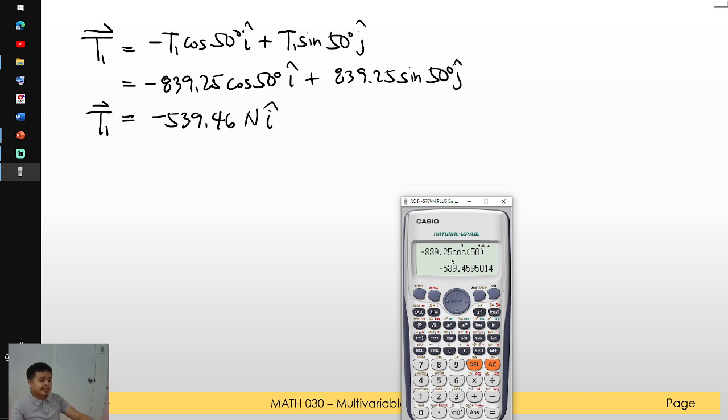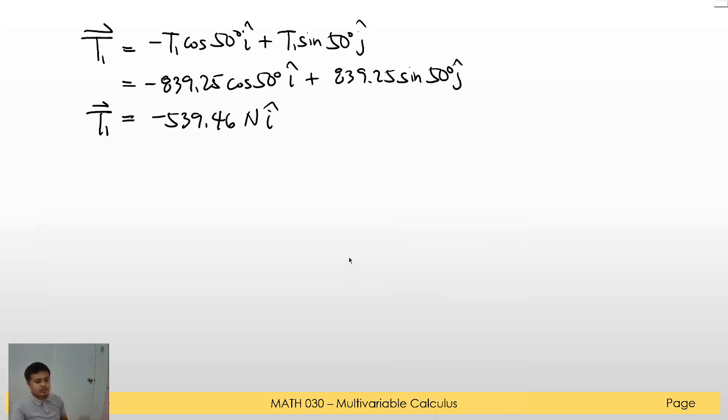And then we have 839.25 sine 50 degrees, so plus 642.90 newtons J hat.